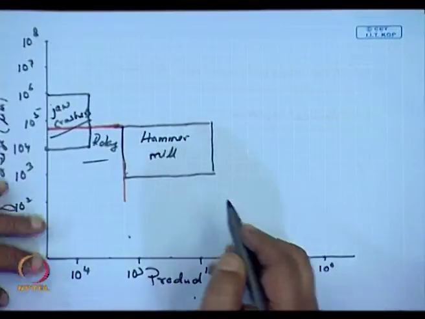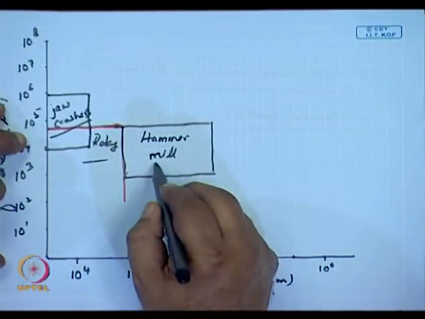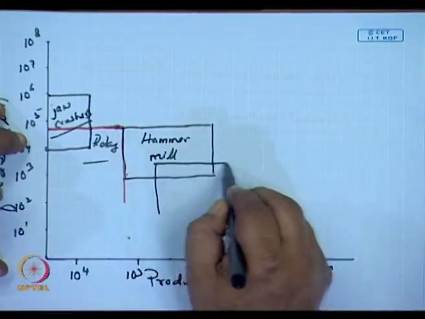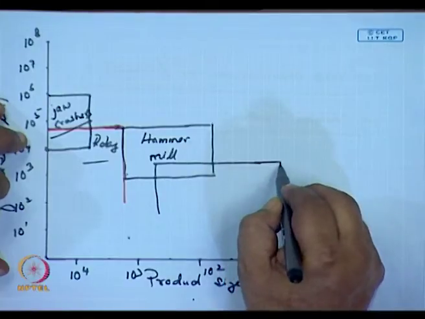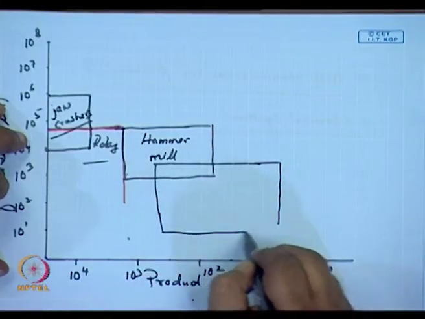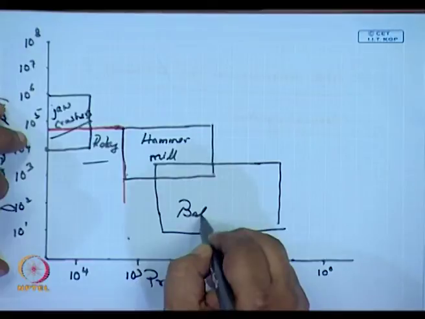So, if I come back to this diagram where I have this particular one, I will have ball mills. This would be ball milling.